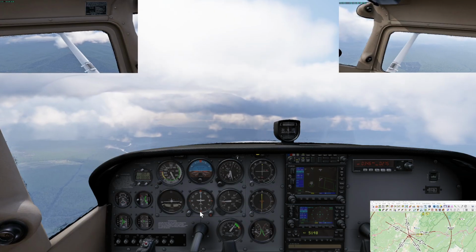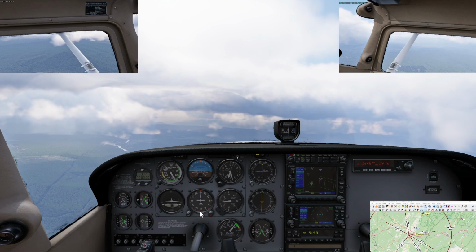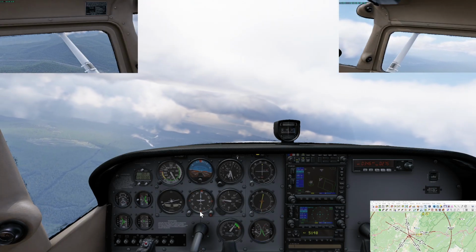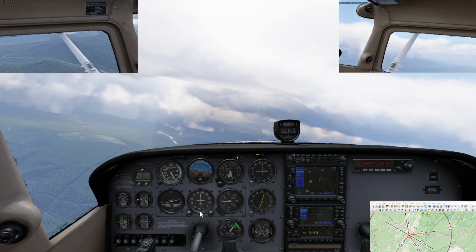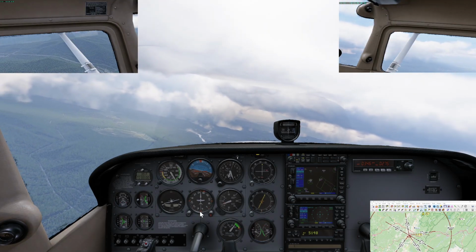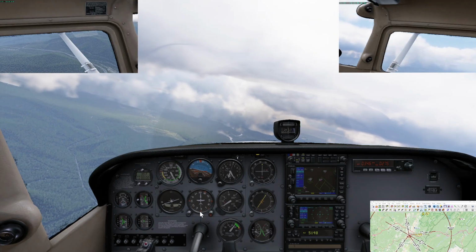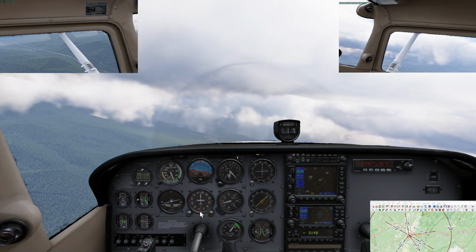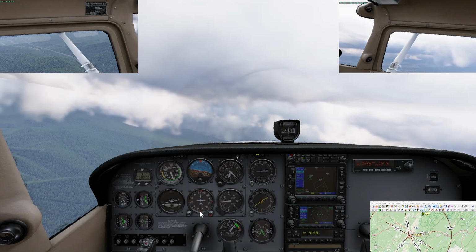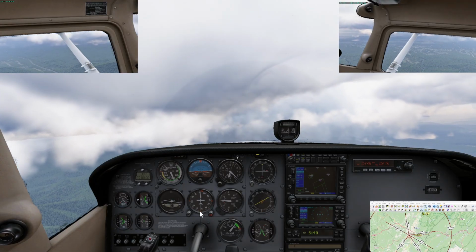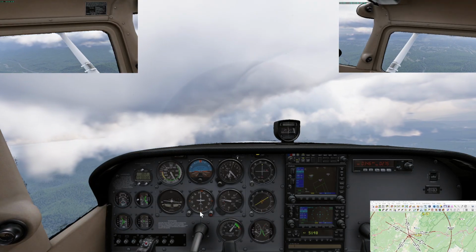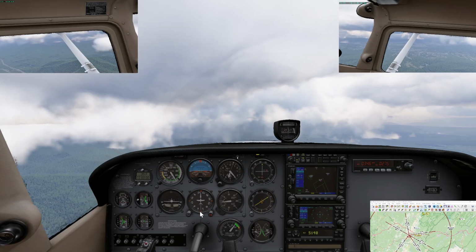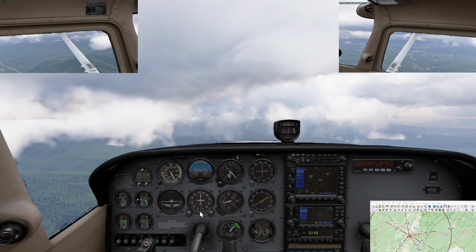And 723, pop a left turn now. Station is to my right.